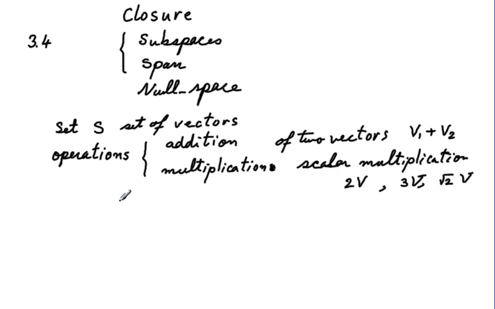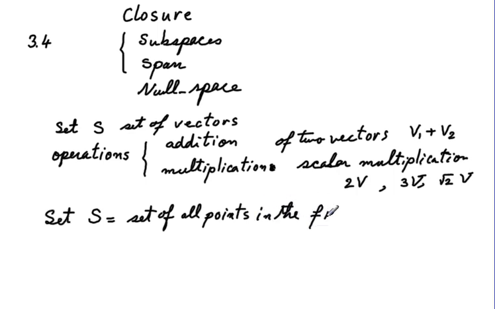Let's take a few examples and make this thing clear. Suppose we have a set S, and that is the set of all points or set of all vectors, if you wish, in the first quadrant.